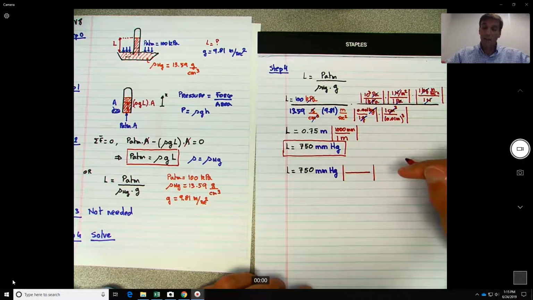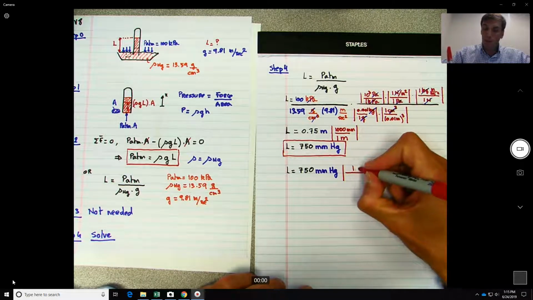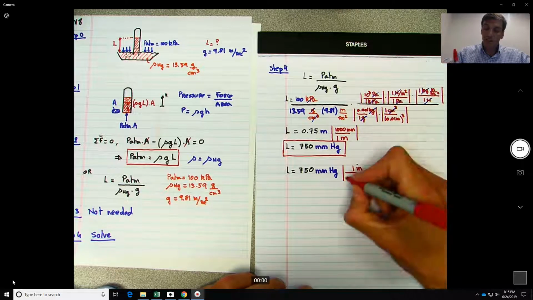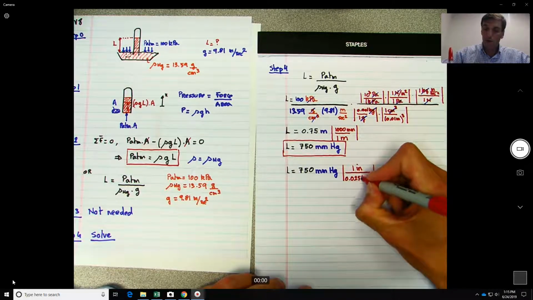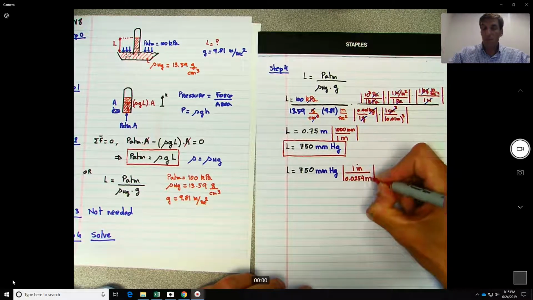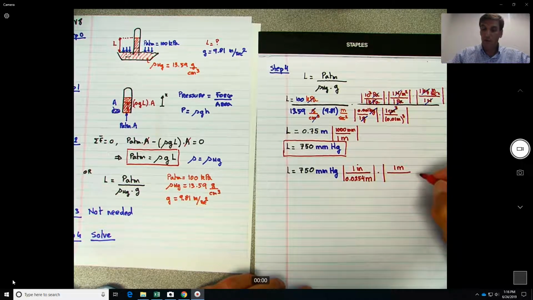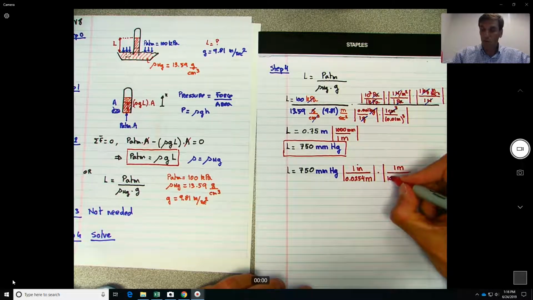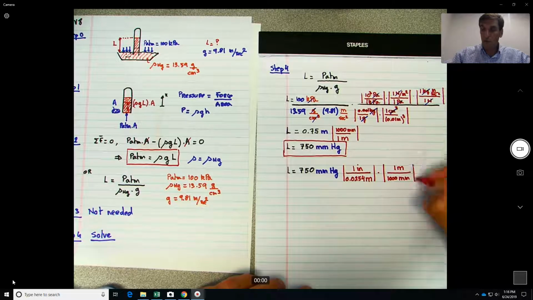So let's see, I know that 1 inch is 0.0254 meters, and then we know that 1 meter equals 1000 millimeters.